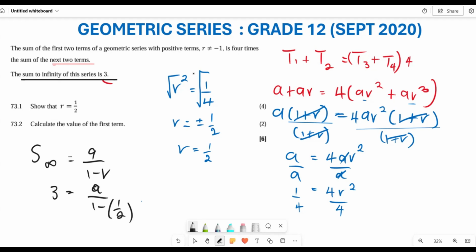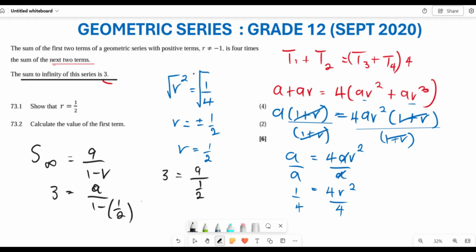And what can I do from here, for example? Now I can work out 1 subtract a half, so this is the same as 3 equals a over 1 over 2. Remember, when you subtract a half from 1, you are getting again a half.